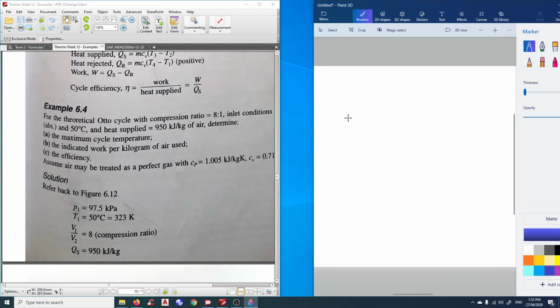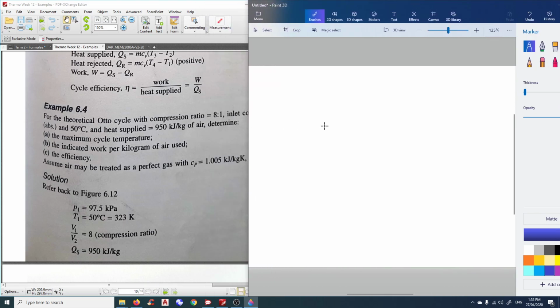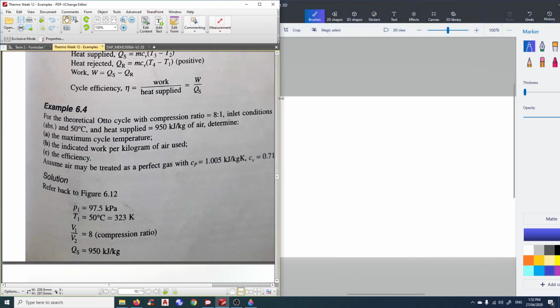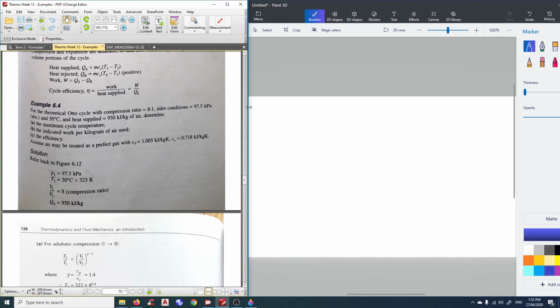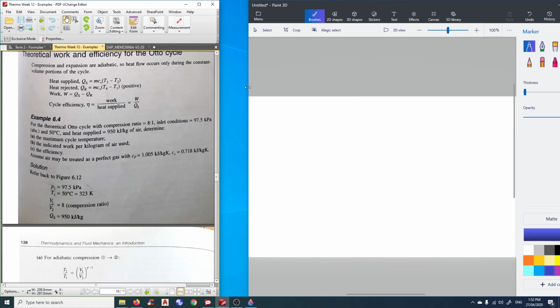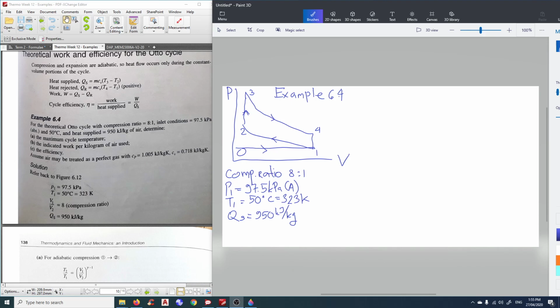There. So have a look at Example 6.4 here.